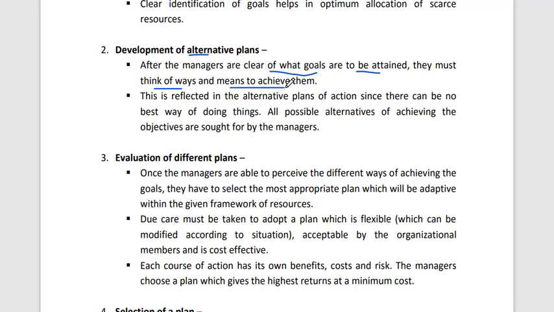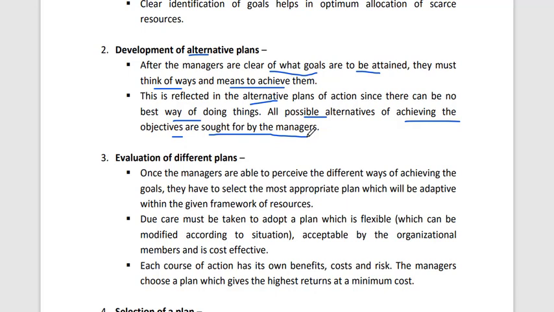There are always 2 or 3 paths to completion of goals, so we have to make alternative plans of action. There cannot be one best way, and we cannot assume that a path is always safe. So all possible alternatives of achieving the objective are sought by the manager, and we have to study them all.